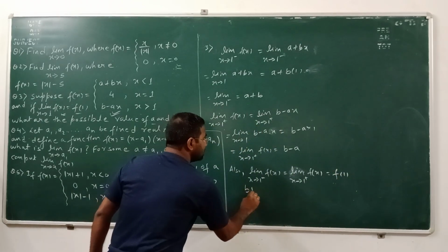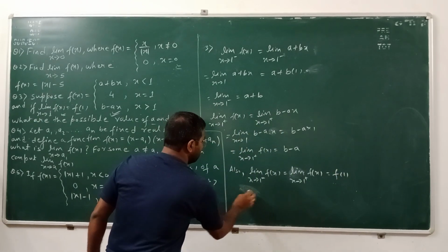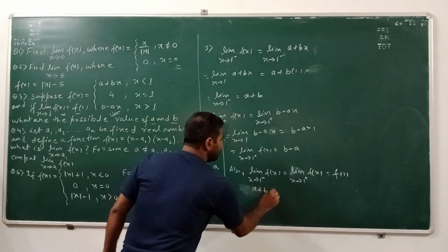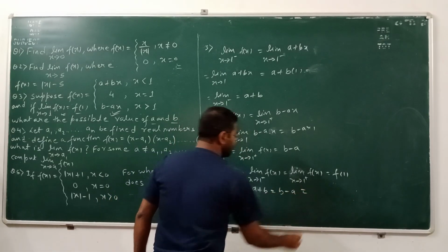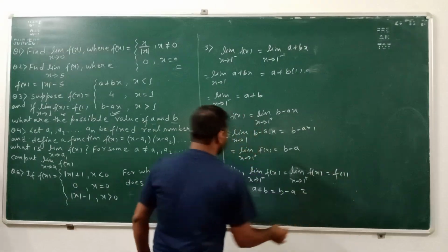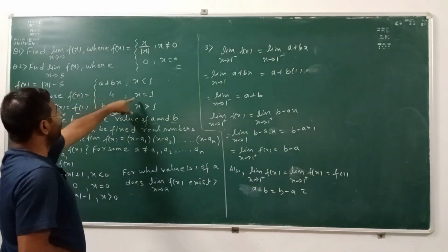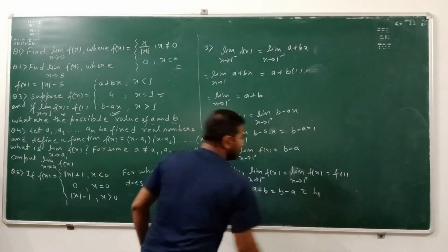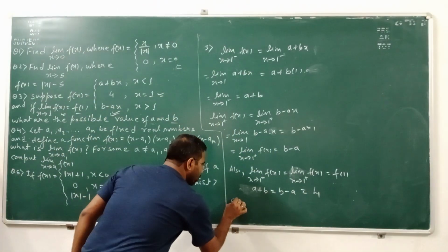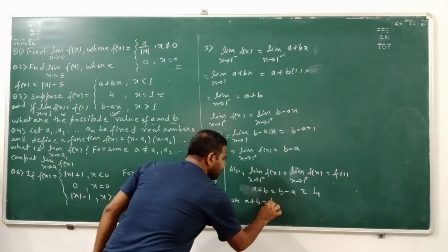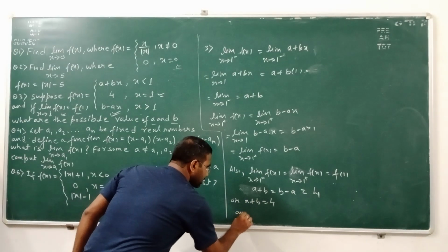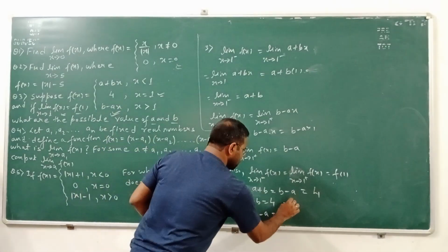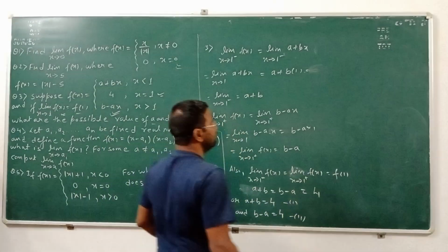Now see here, in the above we got a plus b is equal to b minus a is equal to f(1). f(1) means when x is equal to 1, you will get 4. Okay. Now you can write a plus b is equal to 4 and b minus a is equal to 4. So see here, two equations have formed, linear equations in two variables.